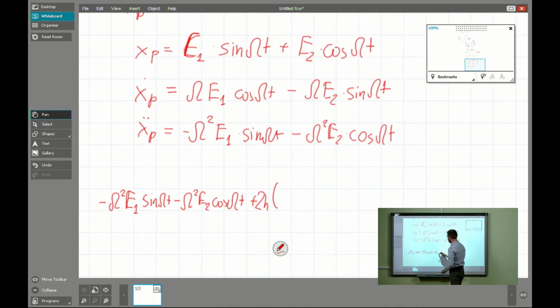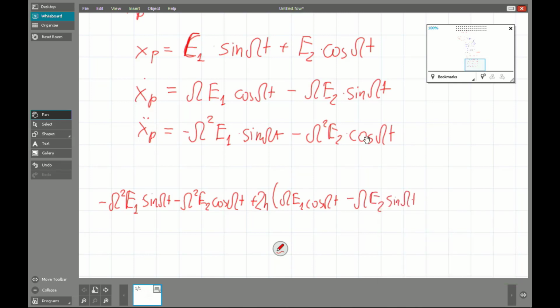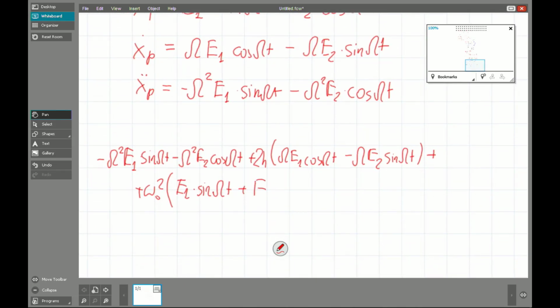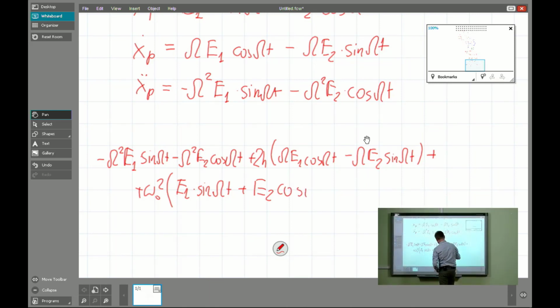That will be omega E1 cosine omega t minus omega E2 sine omega t, and plus the element connected with the stiffness, I mean with the displacement, and it will be of course E1 sine omega t plus E2 cosine omega t.